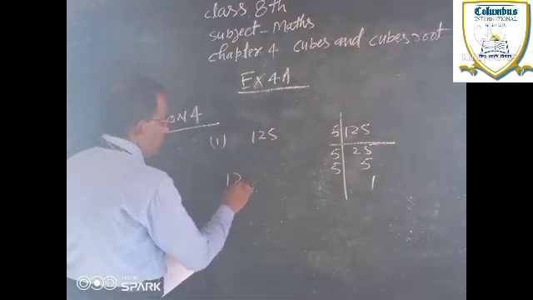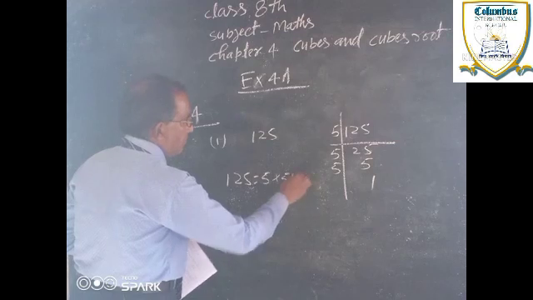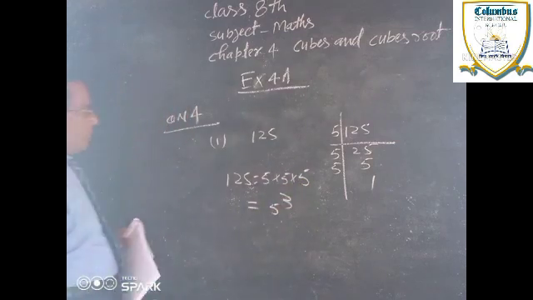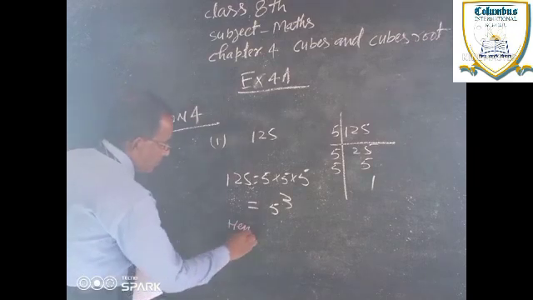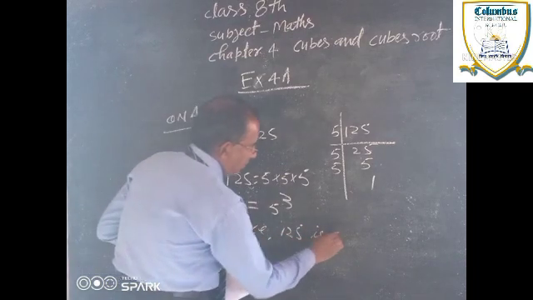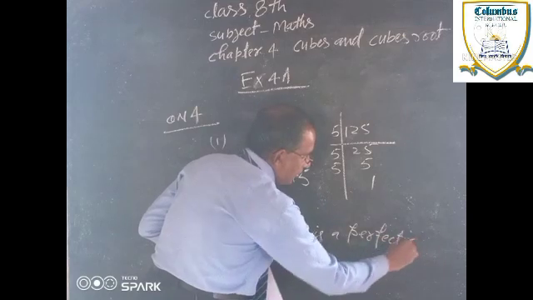It means 125 equals 5 into 5 into 5. We shall write it as 5 cube. So 125 is a perfect cube. Hence 125 is a perfect cube.